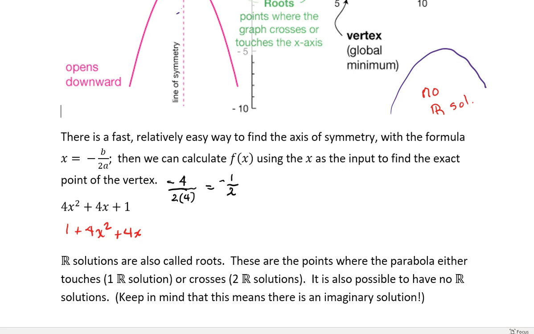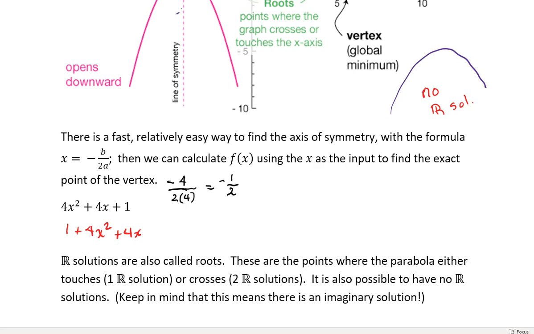So the x value for my axis of symmetry is negative 1/2. Now the next part, we want to define the actual vertex. That stops being about the line of symmetry and starts being about the specific point, whether it's the minimum or the maximum. What you would do is take this negative 1/2 and plug it in everywhere.